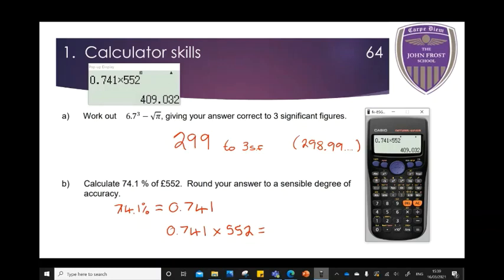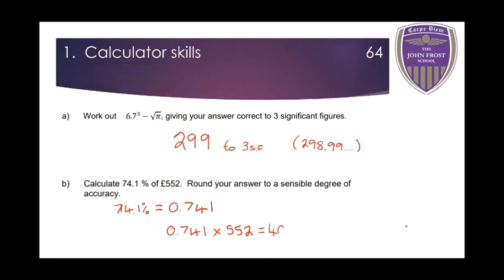409.032. Now, because this question tells us to round our answer to a sensible degree of accuracy, and money is measured in pounds and pence, that's the same as 2 decimal places. So 409.032 to 2 decimal places will be 409.03, and so the answer to this question is simply 409 pounds and 3 pence.